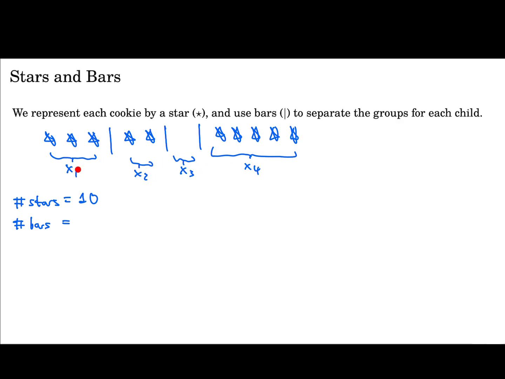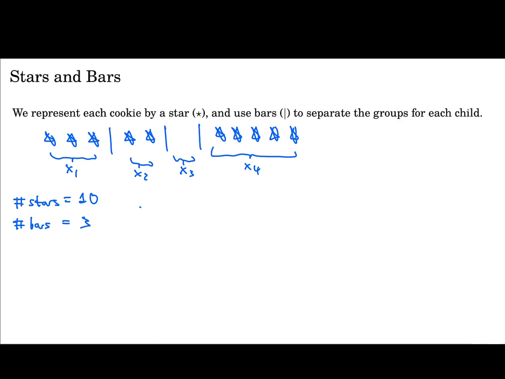Although we have 4 kids, there are 3 in-betweens. So the number of bars is 3, which means that the total number of symbols is 13.